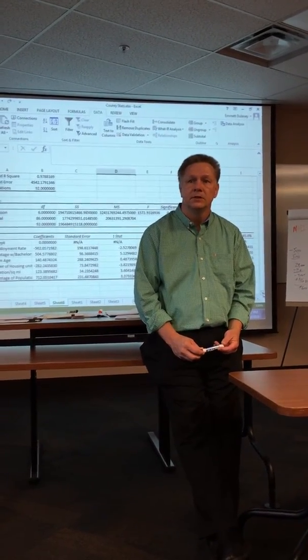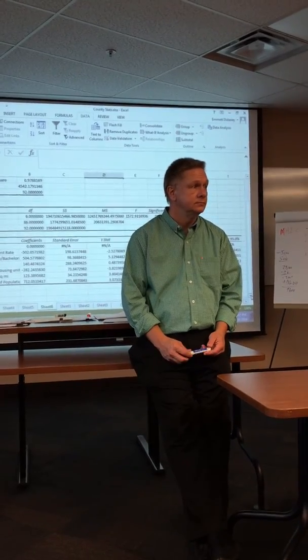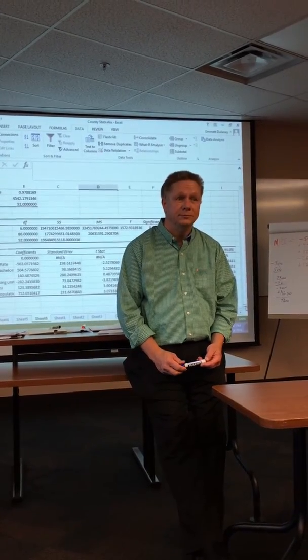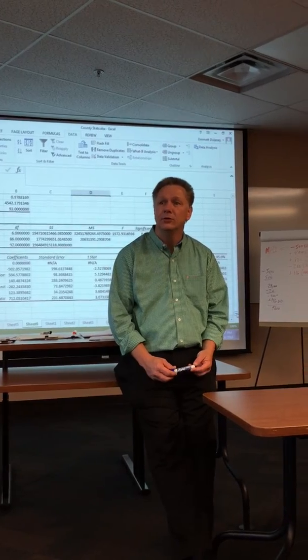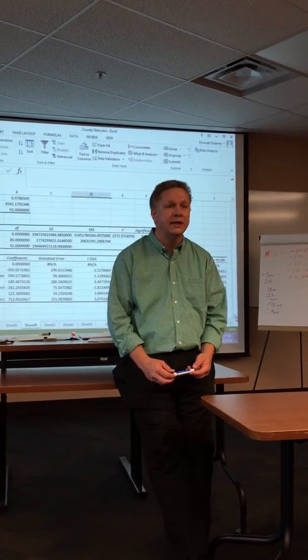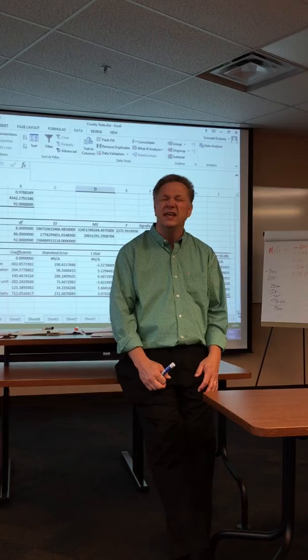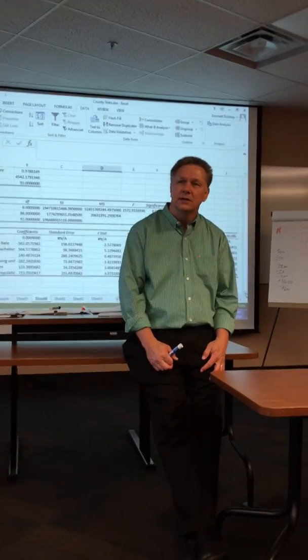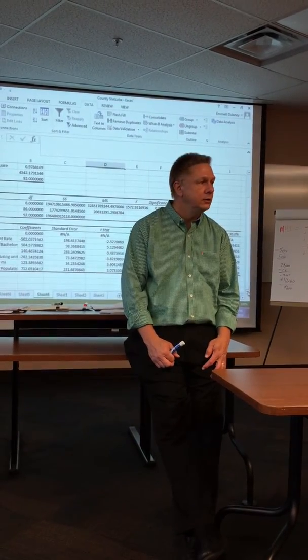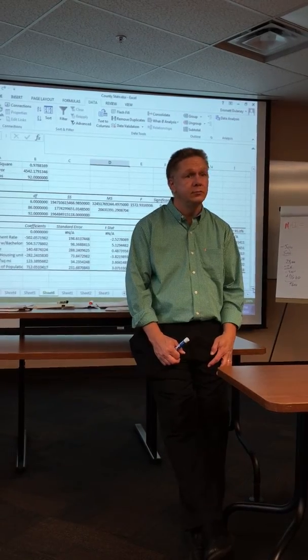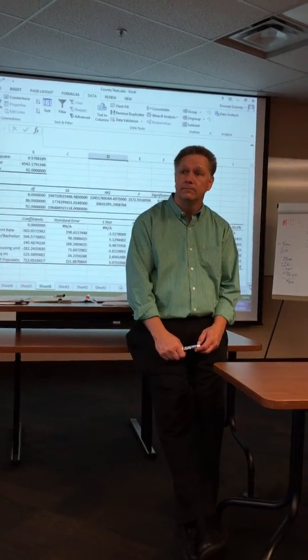Okay. Questions about that? Regression's cool. I mean, it really is. It's a nerdy tool, but it's really cool because it lets you find those relationships that are there. It intuitively makes sense that the income per county would be a factor of whether people in the county are unemployed or not.